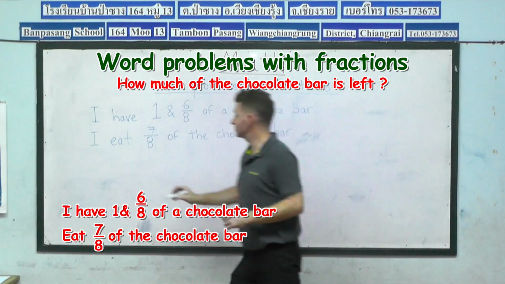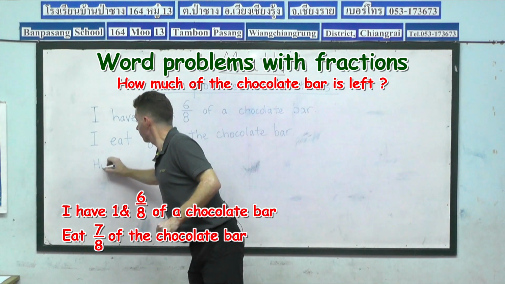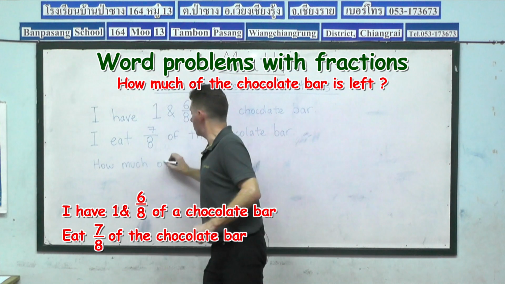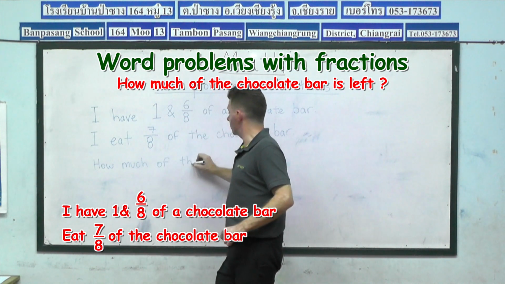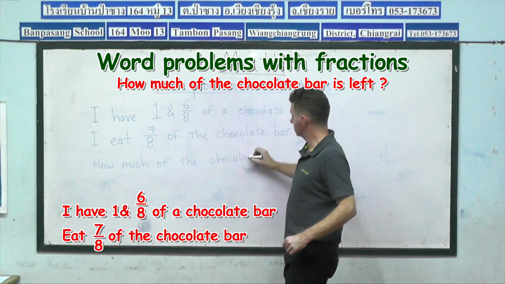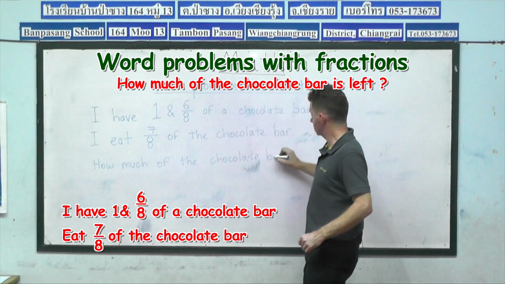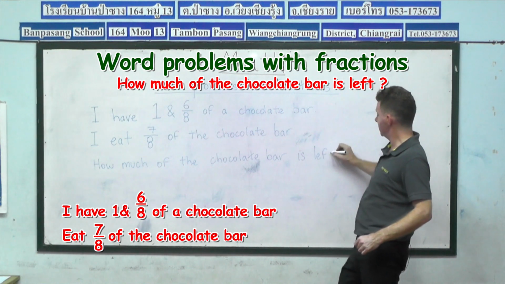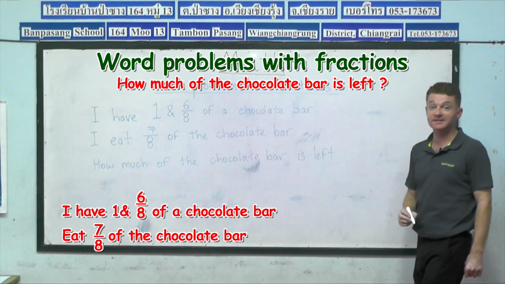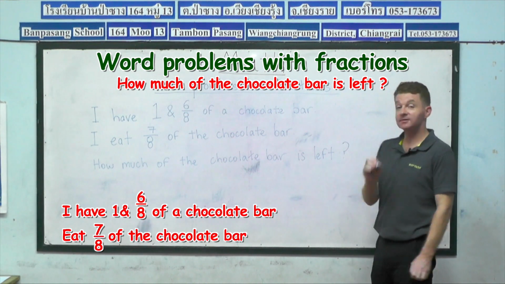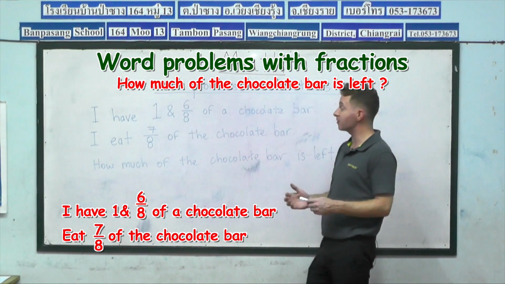How much of the chocolate bar is left? And then what do I need at the end of my question? Question mark. Okay, guys, so let's read the word problem all together first.